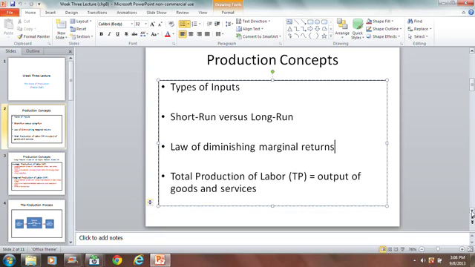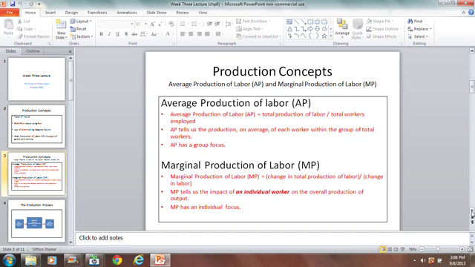Alright, other concepts we have to be comfortable with are the concepts of average production of labor and marginal production of labor. Average production of labor is defined, you take the total production of all the workers and divide it by the total number of workers employed.